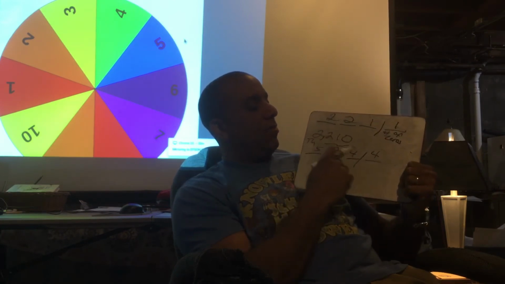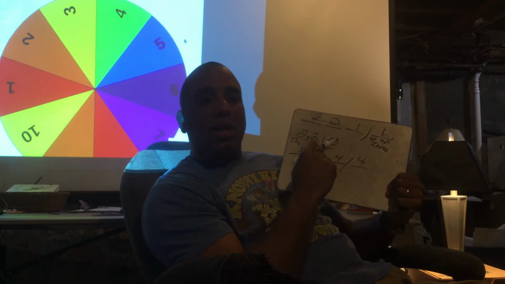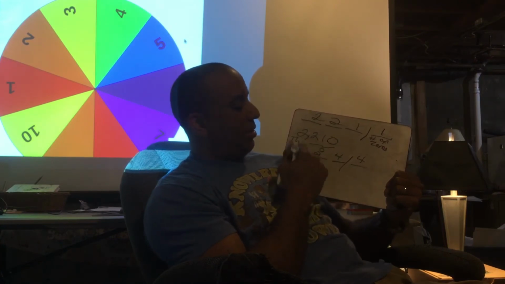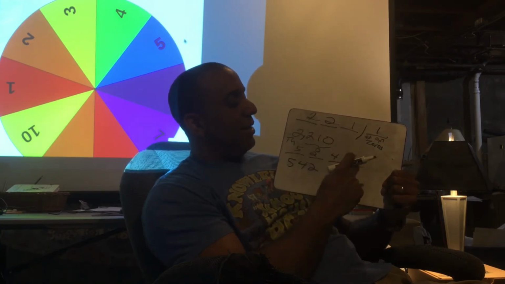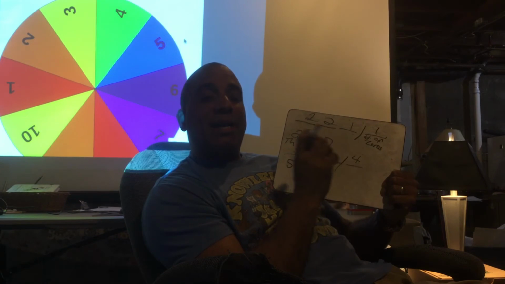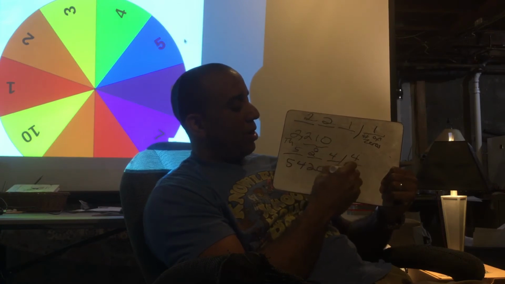Now I'm going to rearrange, just like my opponent did, the first 3 digits into the biggest 3-digit number that I can, and it's going to be 542. That's the largest 3-digit number I can make out of 5, 2, and 4. This digit tells me I get to put 4 zeros on the end of my number: 1, 2, 3, 4.